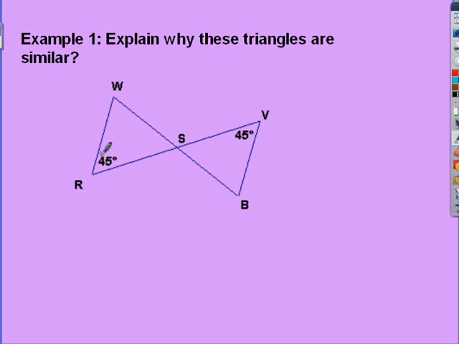Alright, if you look at the diagram, it gives me that angle R is 45 degrees and angle V is 45 degrees. So I know that angle R is congruent to angle V. And the reason why is because they have equal measures.